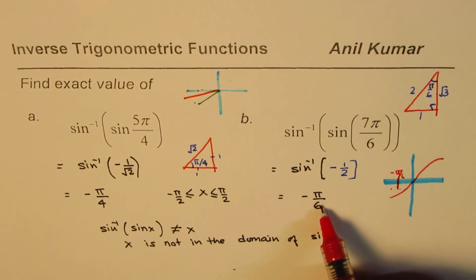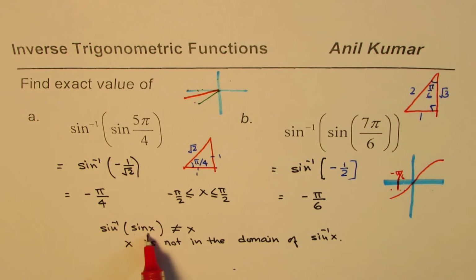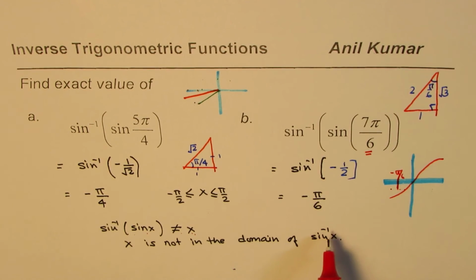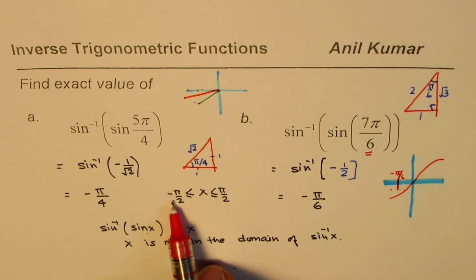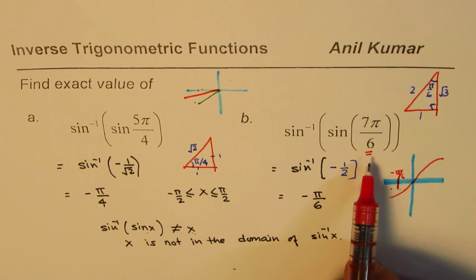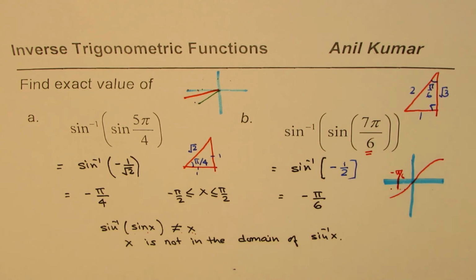So in this case also, sine inverse of sine x is not equal to x, since the given value is not in the domain minus pi by 2 to plus pi by 2. So you will get a different angle, right? They are related angles, but they are different angles. That is what we need to understand.